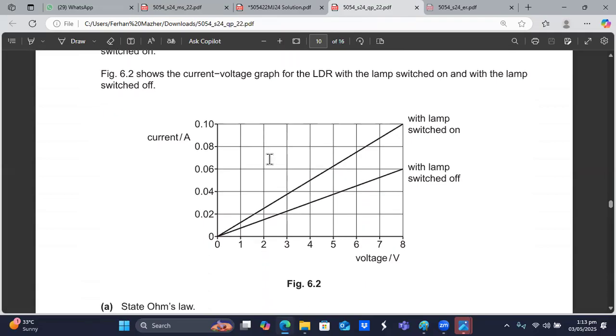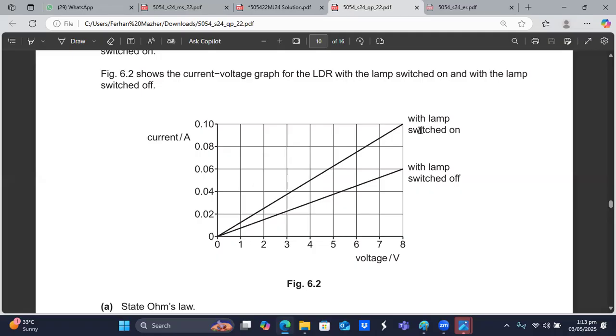Take the point 0, 0 and the point 8, 0.1 for when the lamp is switched on, and you can do I2 minus I1 divided by V2 minus V1, and you will calculate the gradient. The resistance will be the reciprocal of this gradient.